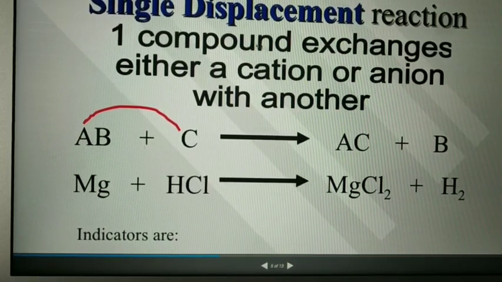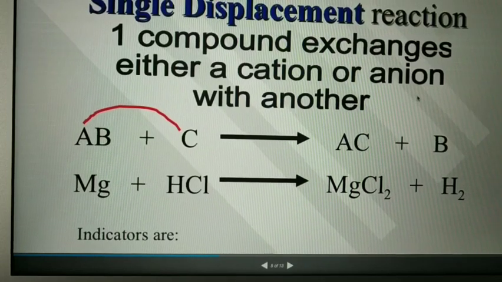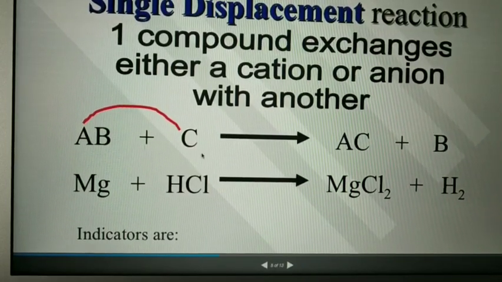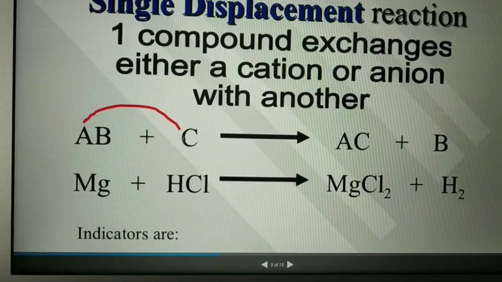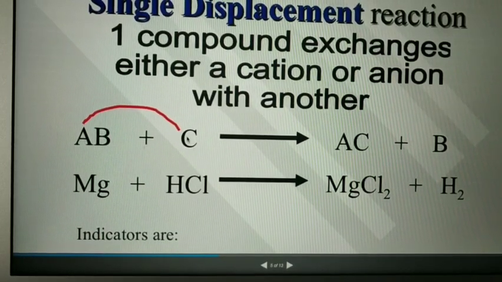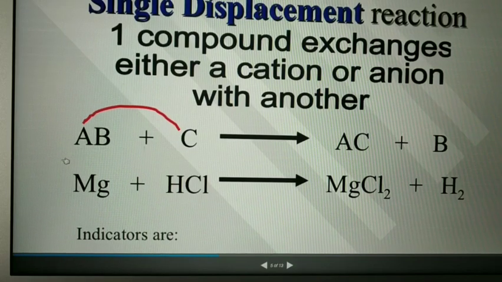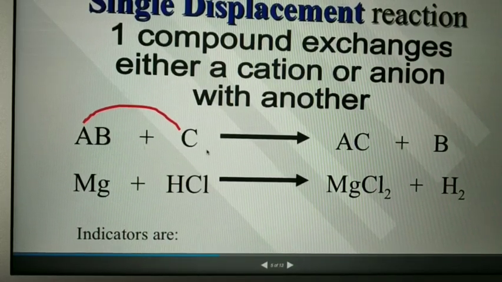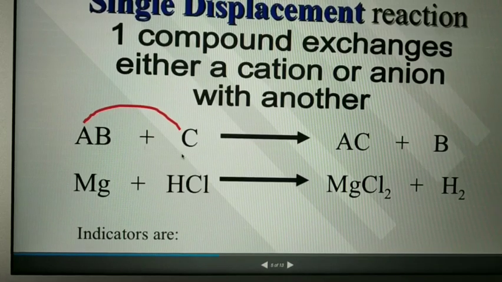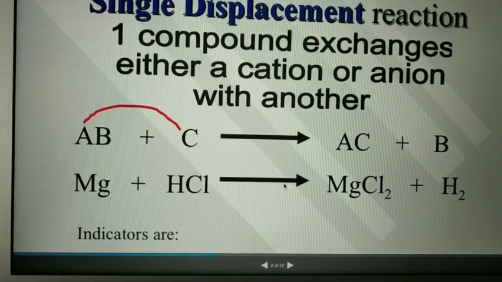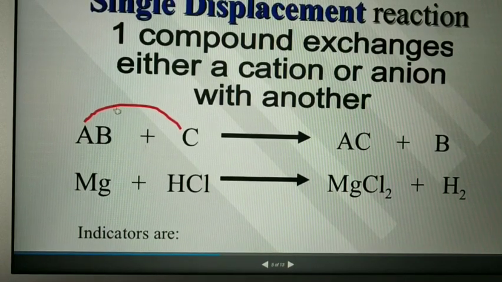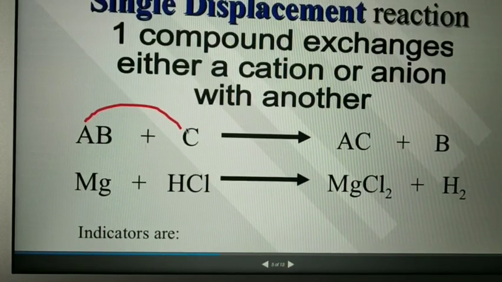So for this displacement reaction, how can one element displace another element from any compound? For this you should remember the activity series, that which metal is more reactive. How will you identify which one is more reactive?